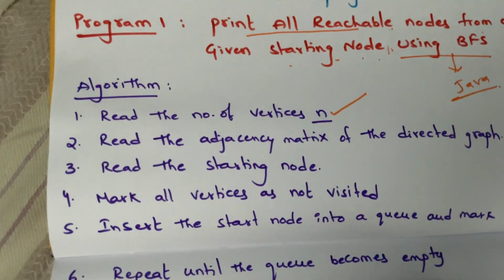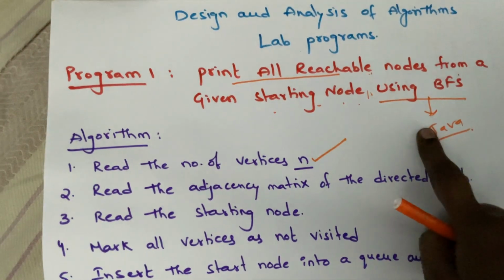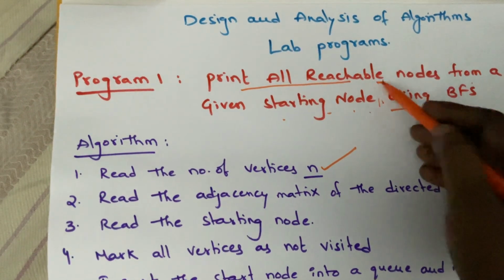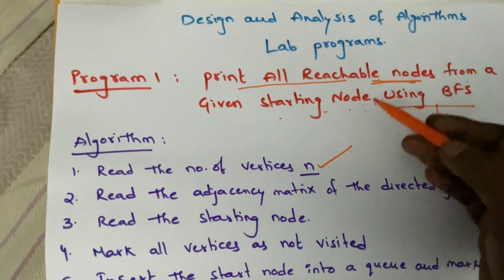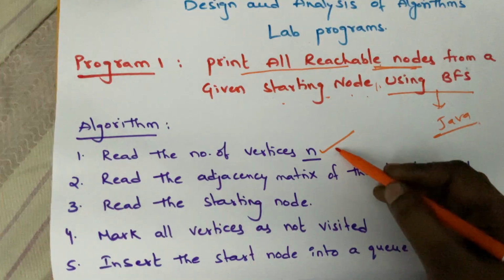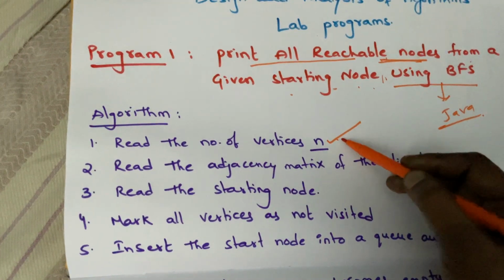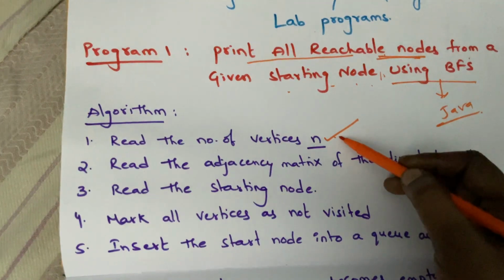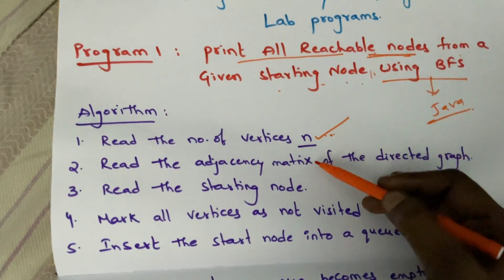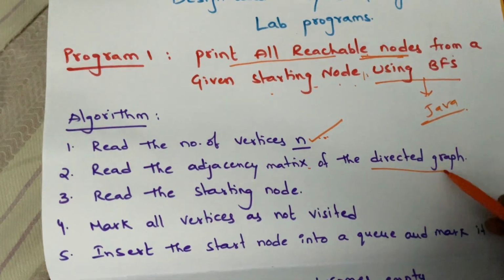What is the first step? The question is only saying that you have to print the reachable nodes. That means you have to know how many vertices you are dealing with. And when you come across a number of nodes, what is the adjacency matrix of the directed graph?